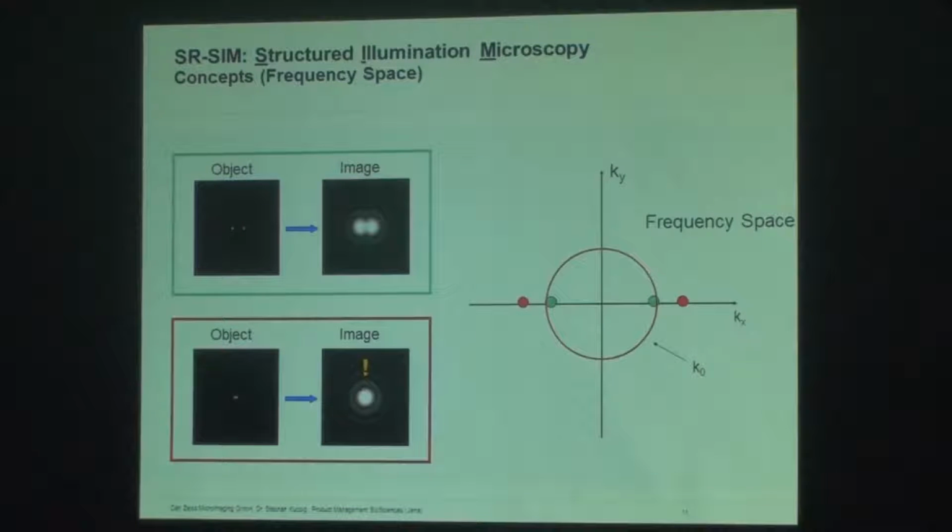So you have a poor resolution. What you have to do is increase the collection area, where the frequency information which is not available in the conventional field has to be transformed from this area into the circle, because your objective sees only this area at a given time.